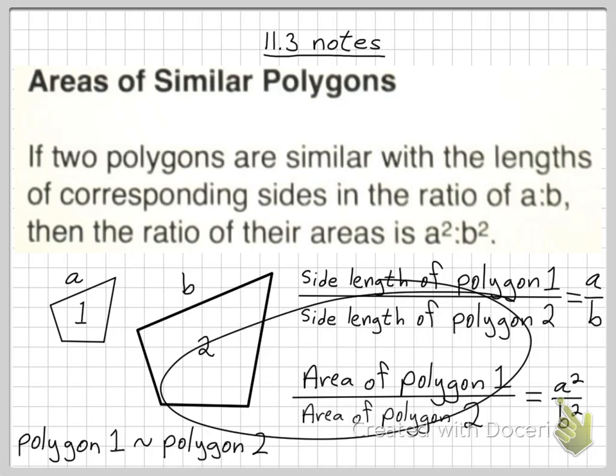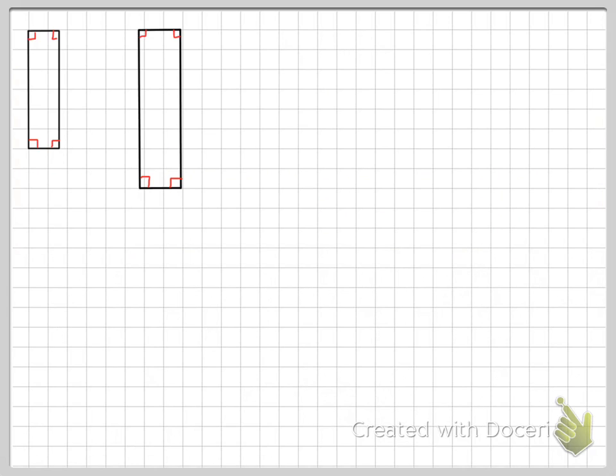Okay, so please write that down, get caught up, and of course you can pause this, but for the sake of this presentation I'm going to continue, and I'm going to demonstrate for you why the ratio is A squared to B squared if the linear ratio is A to B.